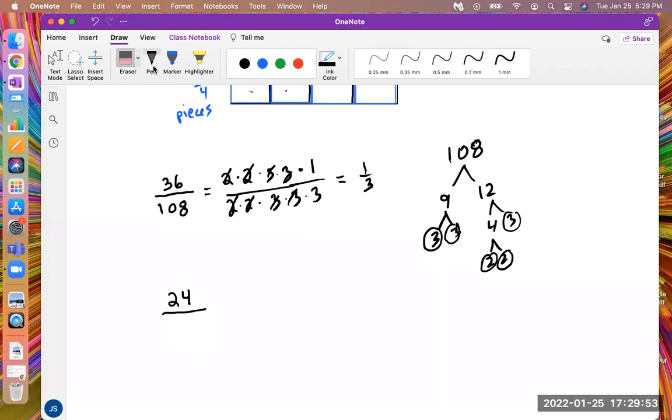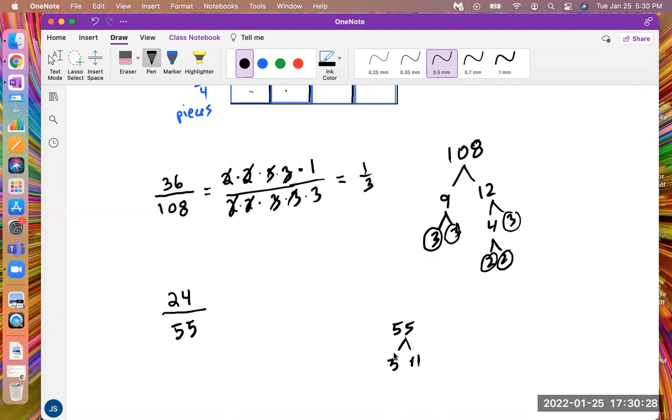We can just start the process a little bit, and it'll give us some valuable information. So let's say I have the number 24 over 55. I can quickly factor 55. I know 55 is 5 times 11, and those are both prime factors, so that's a prime factorization. It doesn't break down any further.